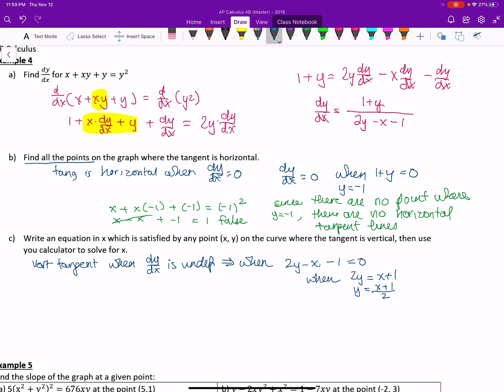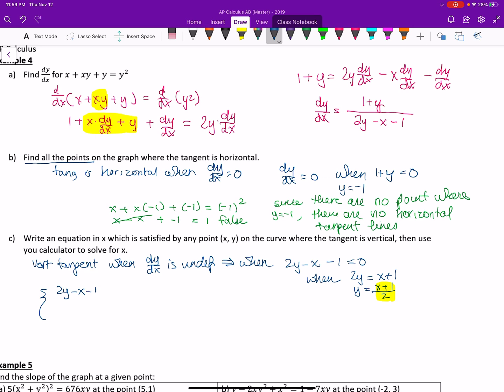That means I have to substitute this value into the original to find the points so that I can find the x values where that happens. Now, if it was asking for the y values, then I would solve this equation for x instead. But I know that the tangent lines will intersect the relation. So I'm essentially trying to solve this system here.